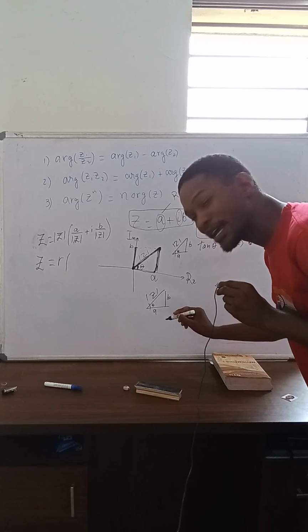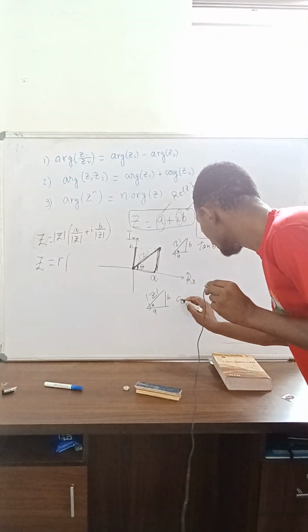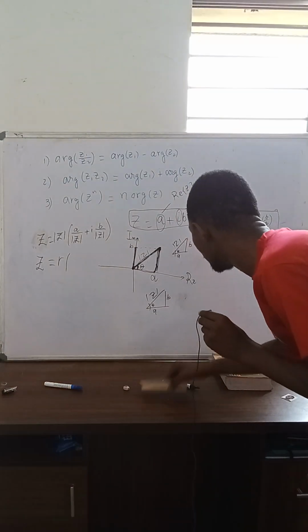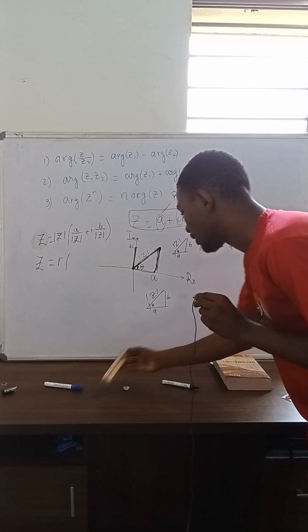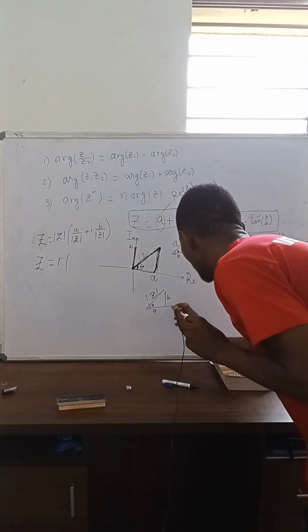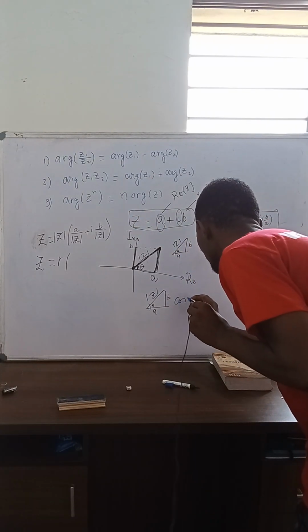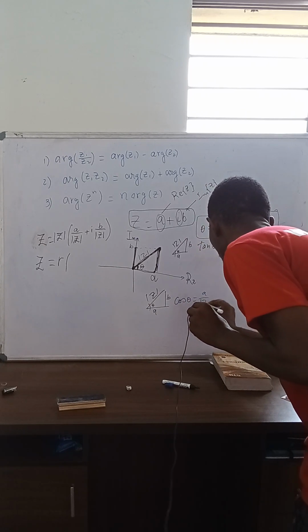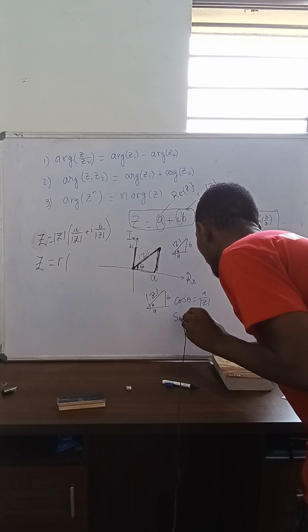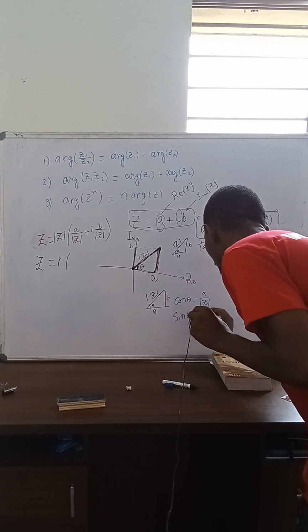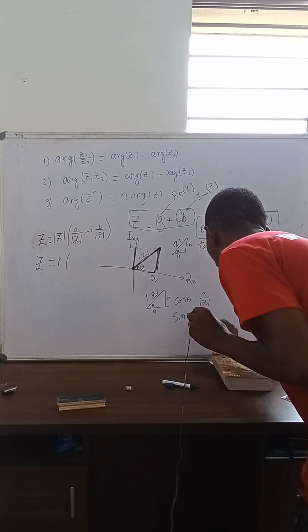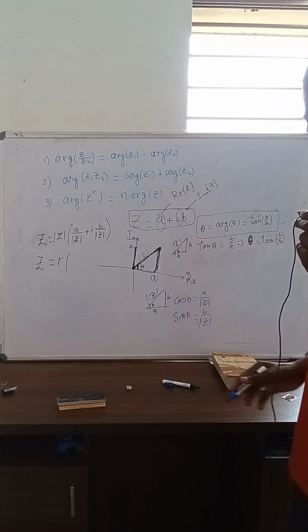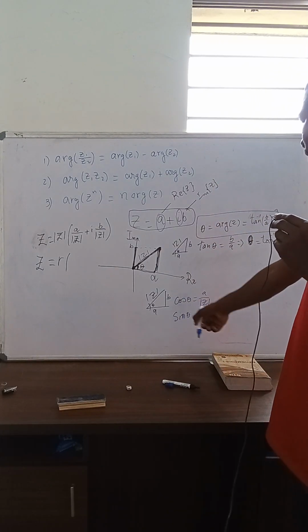A upon module of z will be cosine. Let me write it down. It means that cosine theta will be equal to a upon module of z, and sine theta will be b upon module of z. Just from here you can see directly.